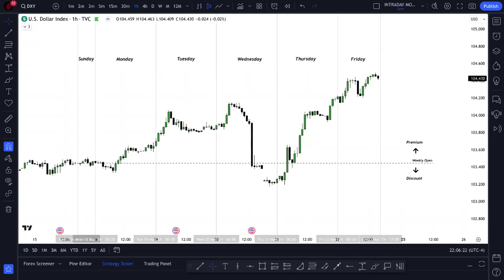So it gives us more of an indication on where we should be looking to sell or where we should be looking to buy. Just looking at this chart, no kill zones, no PD arrays, nothing of that sort. Just looking at the chart as naked as you can see it, you can see where the buying is occurring and you can see where the selling is occurring. We can see clearly, it's night and day, that they're buying below the weekly opening price.